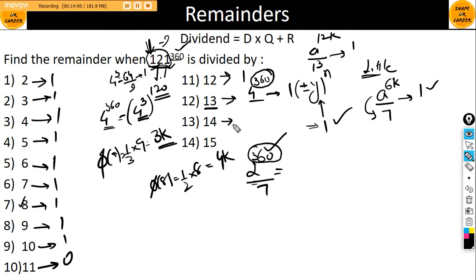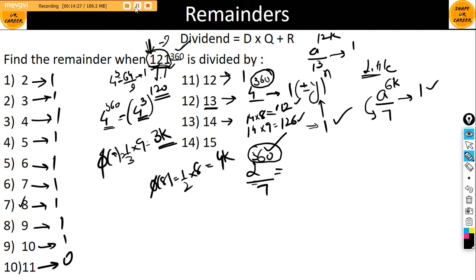In case of 14, again we have to use the very same concept. So 14 multiplied by 8 comes out to be 112. And if I go with 14 into 9, this value comes out to be 126. Now we can use any of the two to solve my question.